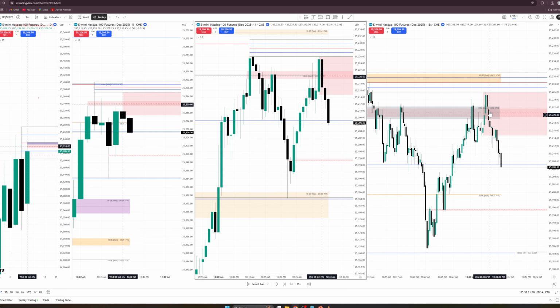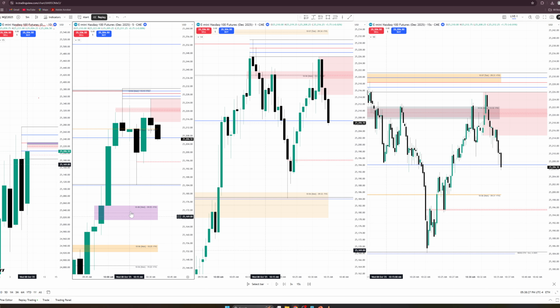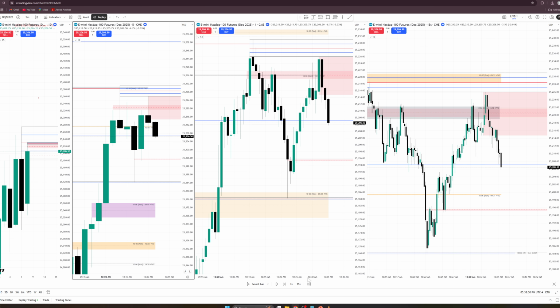So you could have taken your next entry here, and then what will be the next target? This swing low and this imbalance, this bullish fair value gap. So let me play this.